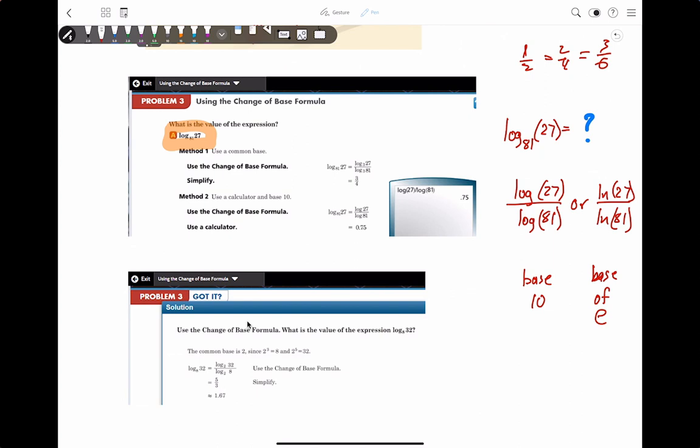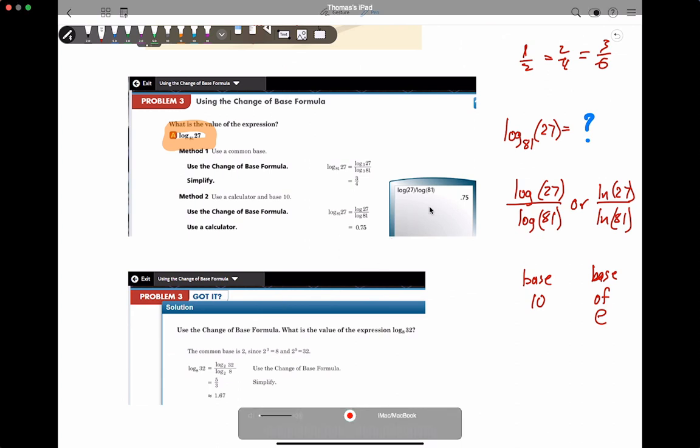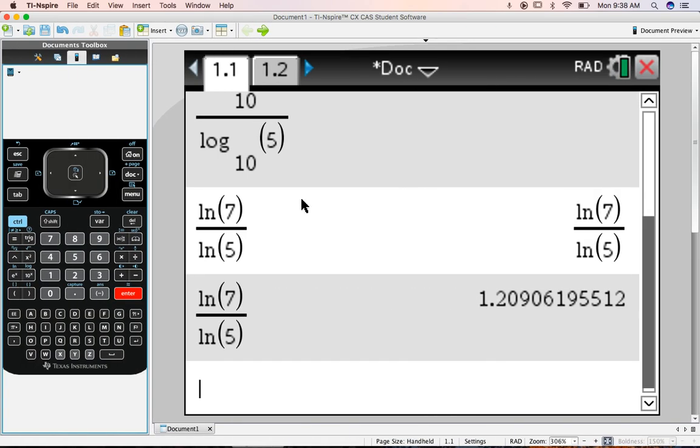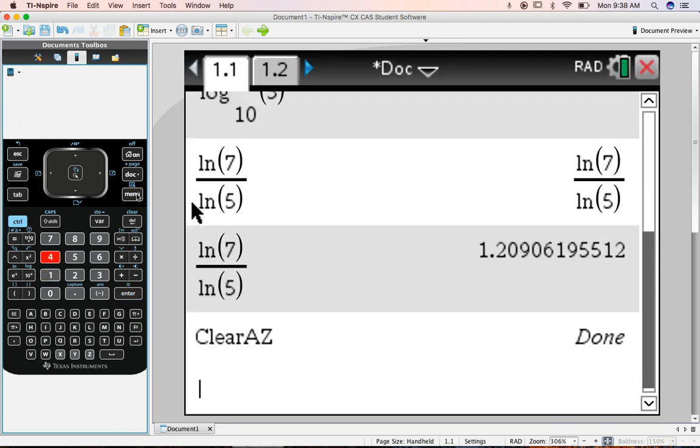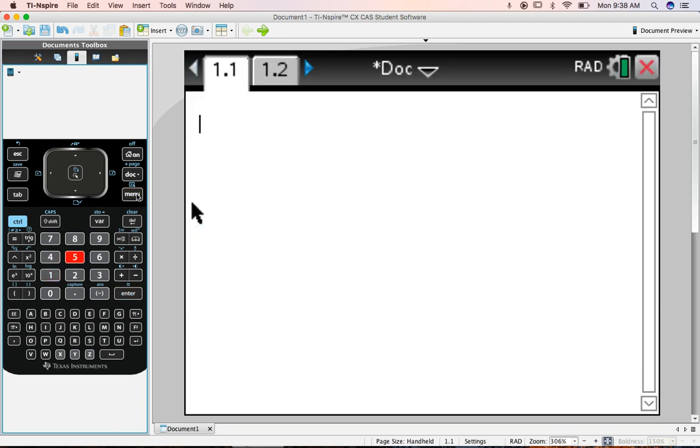But nonetheless, the ratio, like that 1/2, 2/4 interpretation that I was comparing it to, is still going to be equivalent. Notice this calculator, way old calculator back in the day, right? It doesn't even have a division sign the way we're used to with these newer calculators. So let me do this again. Menu 1.4, menu 1.5. The equivalent here would be log of 27 over the log of 81.